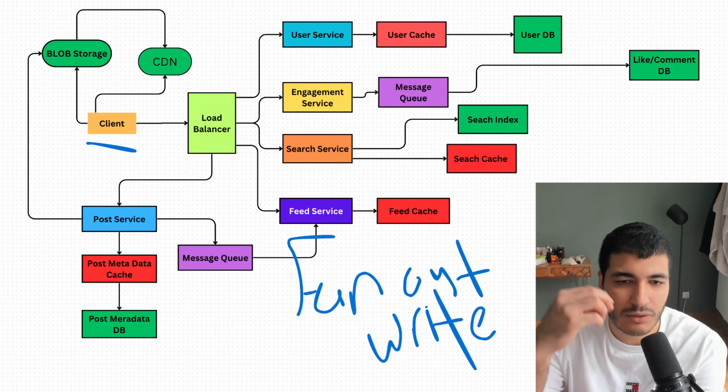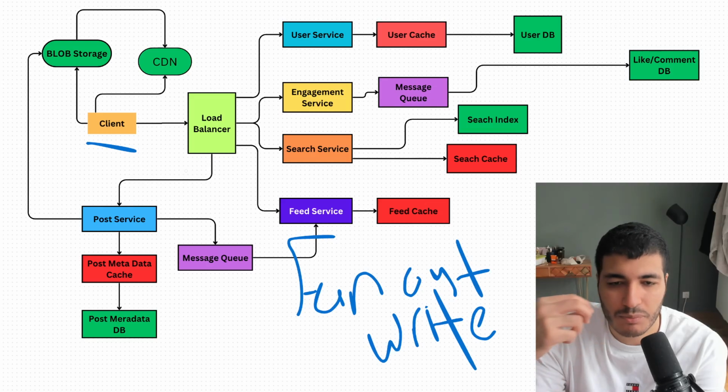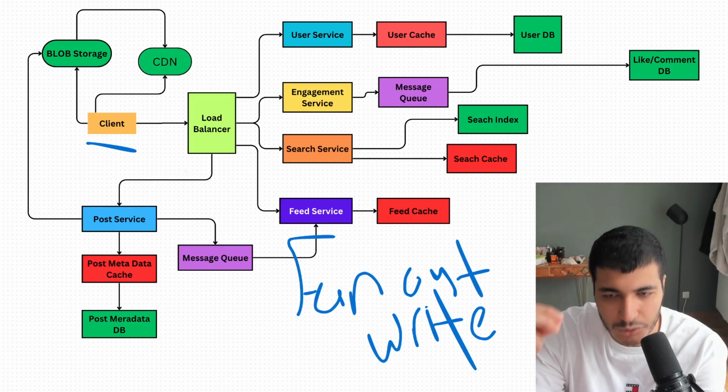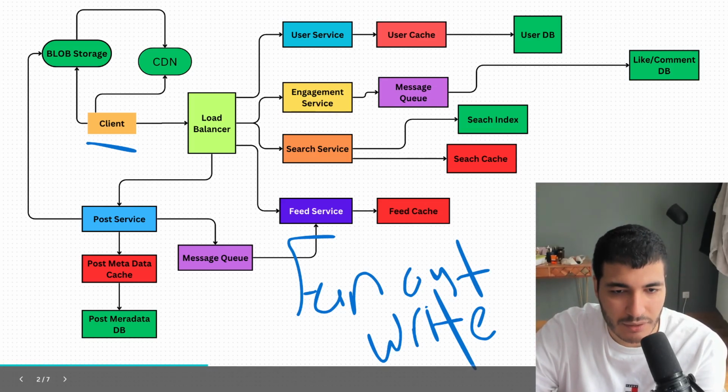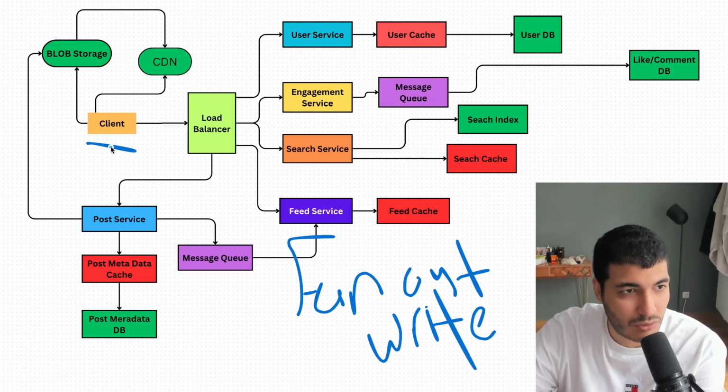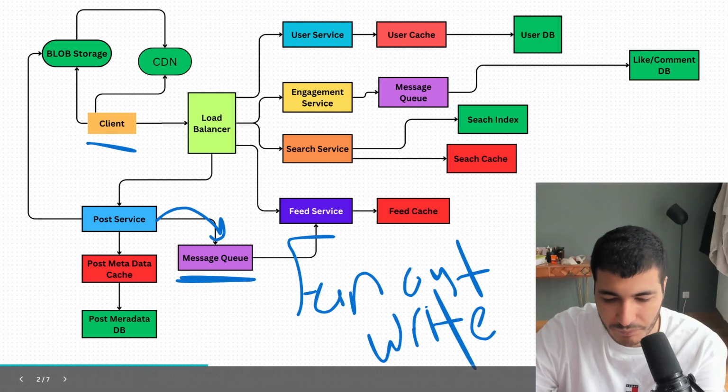Whenever the client's photo is uploaded, the content is immediately pushed into the newsfeed of all of the user's followers. This happens as follows: when the photo has been uploaded, the post service sends this photo event to the Kafka message queue.